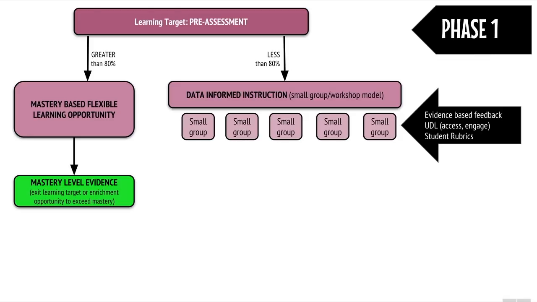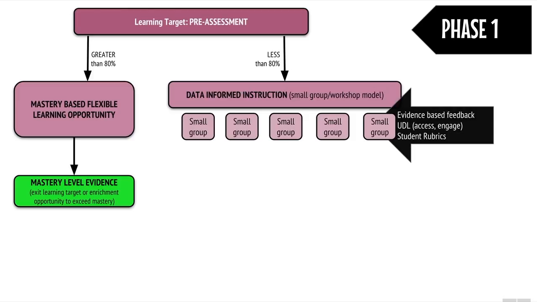All of this lives in this small group instruction, and it's our recommendation that you embrace a workshop model during this time of instruction. It seems to be a reliable and effective way of meeting with small groups of students while giving all the other students learning opportunities that are autonomous and at their level.